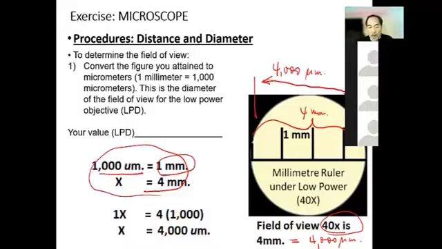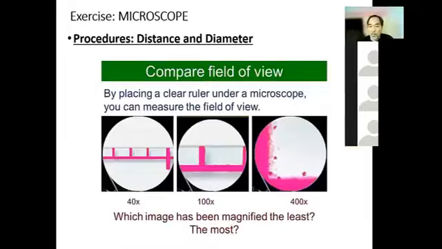That's the way to look at it when we measure the specimen using a transparent ruler, using this as a comparison between different magnifications. A 40x is about 4,000 micrometers. At 100x, I see 1 millimeter, which is 1,000 micrometers, plus about half of that millimeter, which is 500 micrometers, so it's 1,500 micrometers.